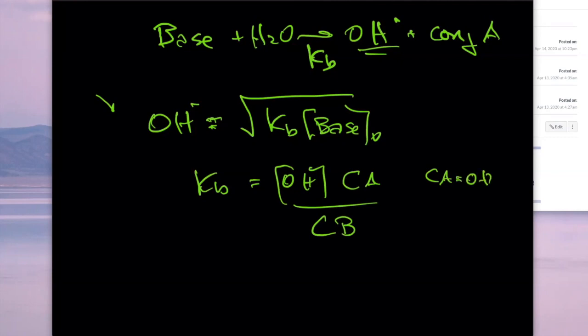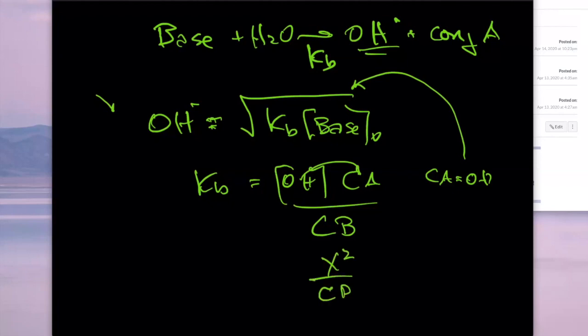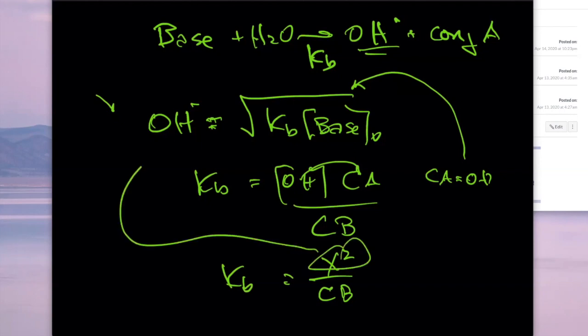That's why you have the square root here. Okay, that's why you have that square root. So this term becomes x squared over the conjugate base, and that's Kb. And if you solve for x, you get that. So that's where that equation comes from. It comes from the fact that you're doing simplifying assumptions.